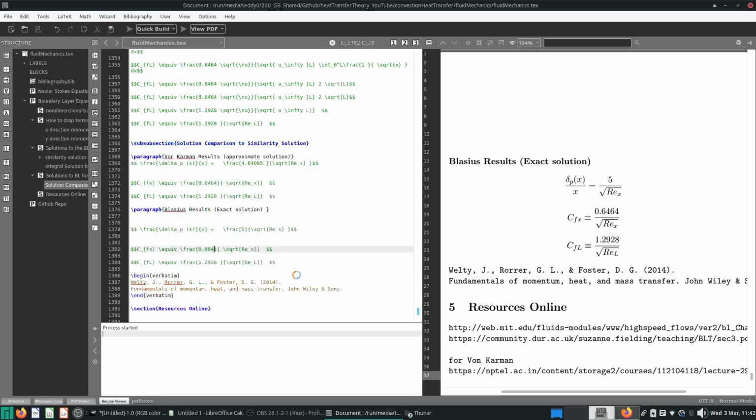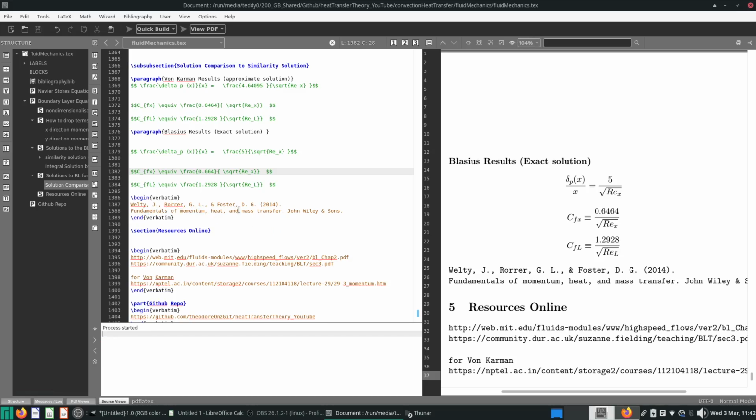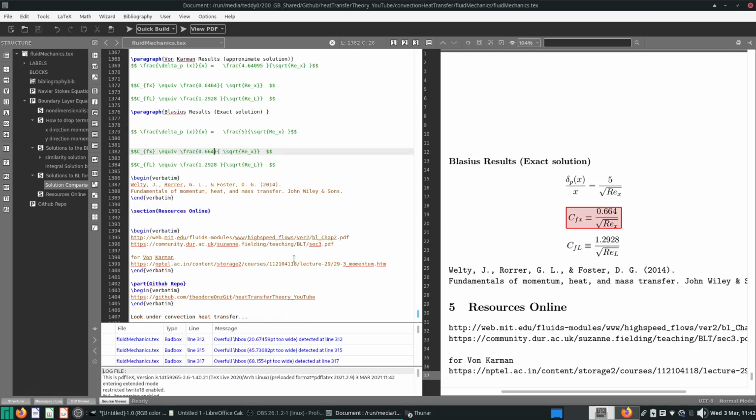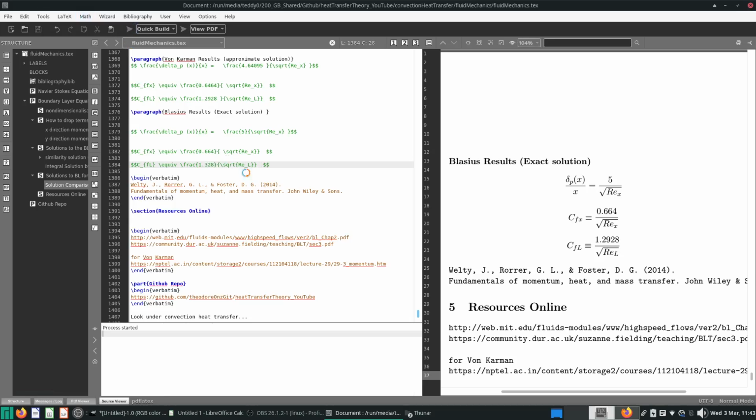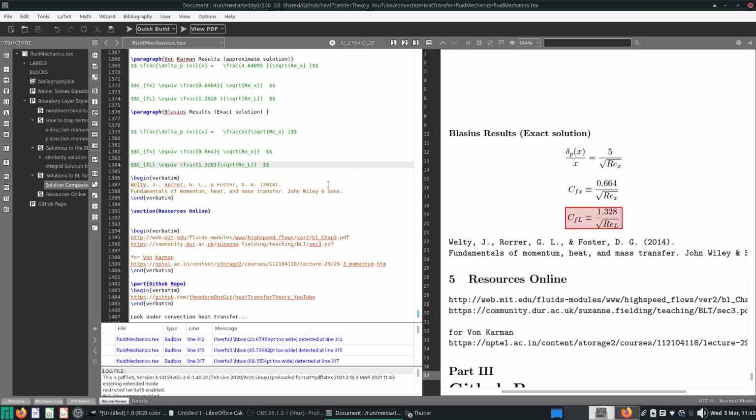I actually just copied these values from the textbook called Fundamentals of Momentum, Heat and Mass Transfer. And now, of course, the average skin friction coefficient is like so, 1.328. So it's basically 2 times.